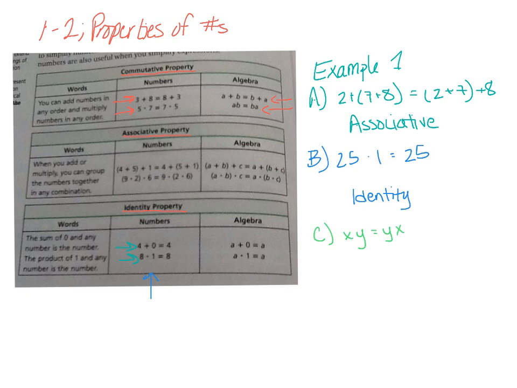And the third example down there is xy equals yx. You can pretend those are numbers too if you would like, if it makes it easier. But if you look at the commutative property, the algebra example looks fairly similar, except it uses different letters. We can multiply in any order and get the same answer. So this is our commutative.